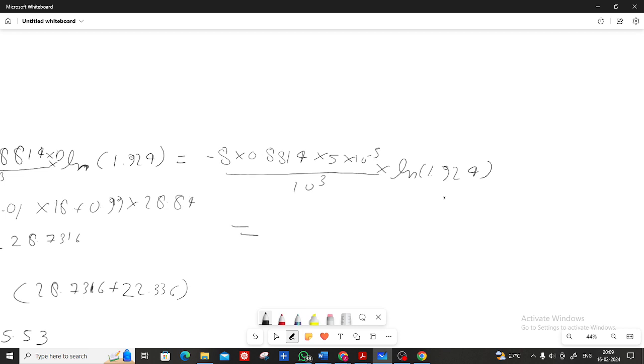Okay, so it will come 2.3071 into 10 to the power minus 7 meter square per second. Now someone convert this meter square per second to mm square per second.